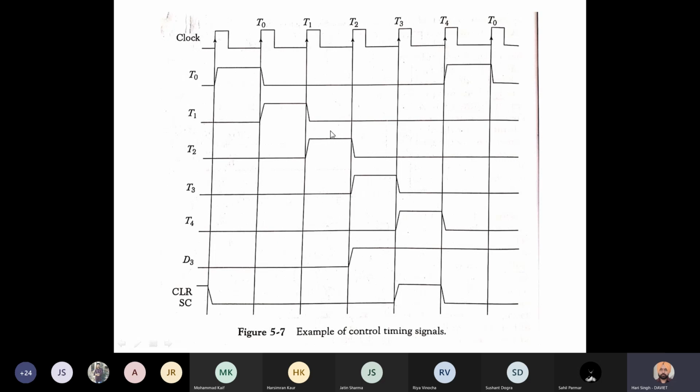During T2, decoding is performed, that is identifying the instruction. T3 and T4 are used to execute the instruction. So at the end of T4, if D3 is active, okay, the condition is if T4 and D3 both are active, then a clear signal will be generated. So it will start the sequence counter again from 0 state, T0 state.